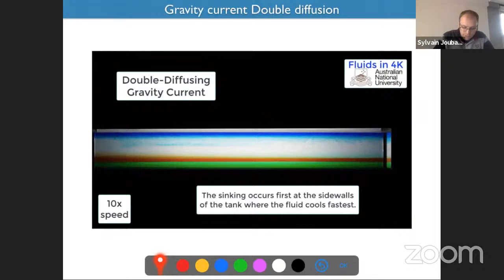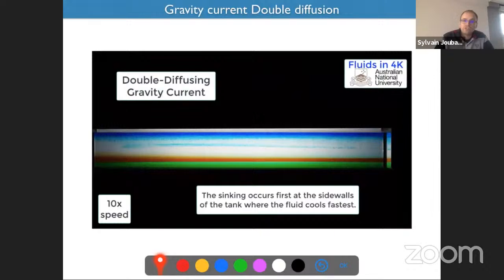It's because you have diffusion, and you don't have the same system because you don't cool the system the same way on the side and in the middle. And also it's because the diffusion of salt and the diffusion of temperature are not similar.